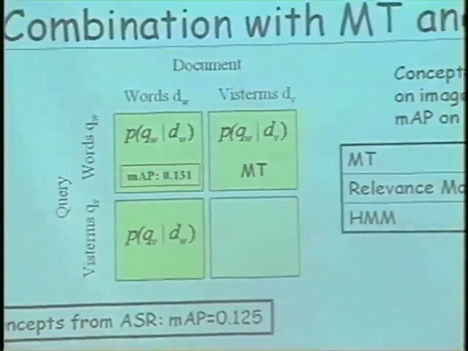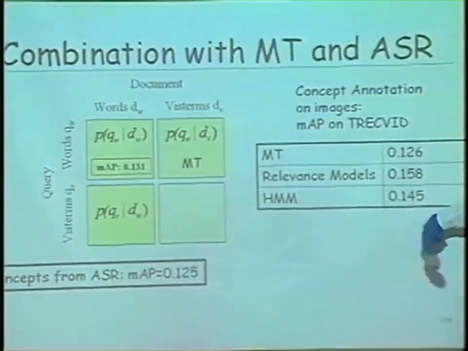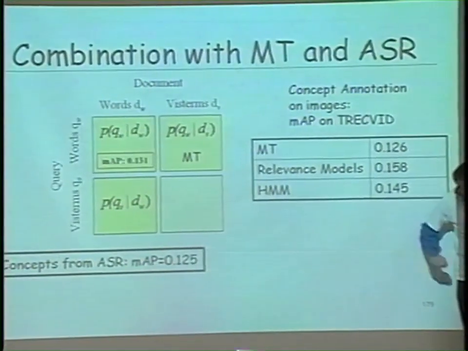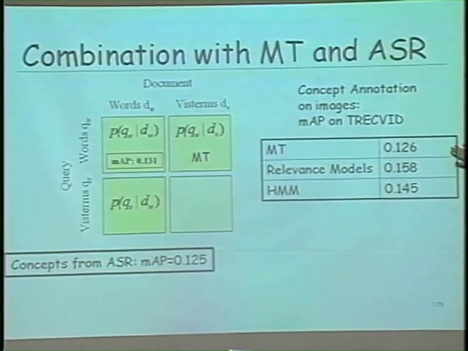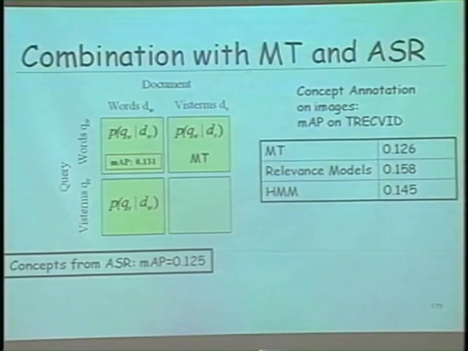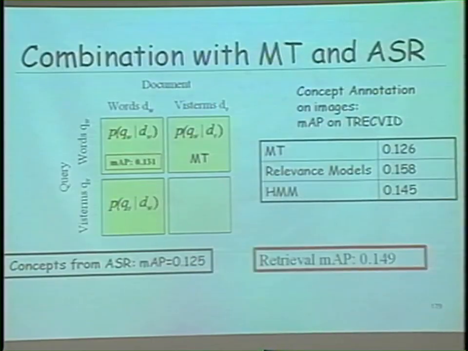And just as a reminder, here we had a mean average precision of 0.125, which is comparable to the machine translation performance. And that actually had the images. Okay. And now the retrieval performance goes up to 0.149.